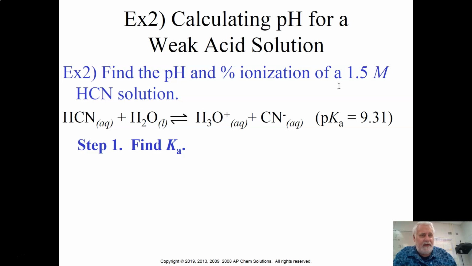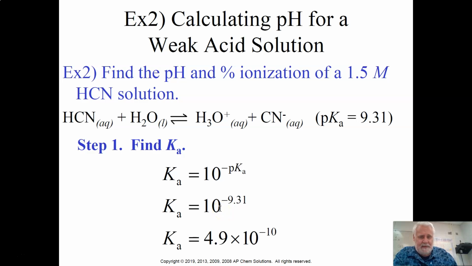All right, so to find Ka, remember you just raise 10 to the negative power of the pKa, and then you can see that'll be 2 sig figs. So as predicted, a really small Ka, because we had a relatively big pKa, so super weak acid as predicted.